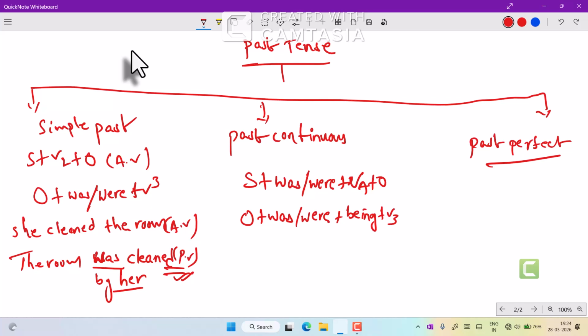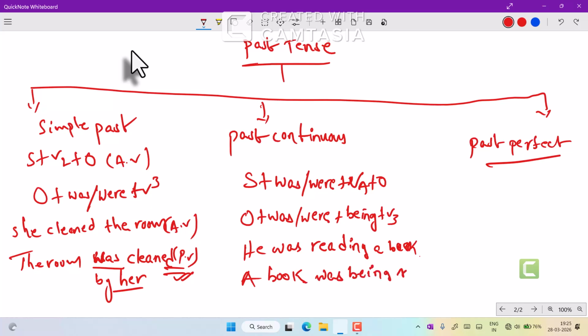Now you see the example: he was reading a book. In passive, a book was being read by him.